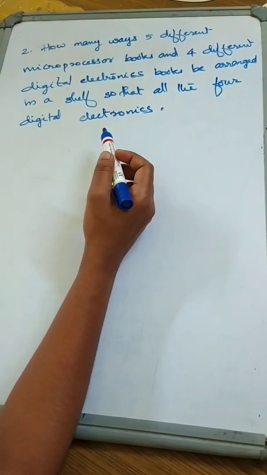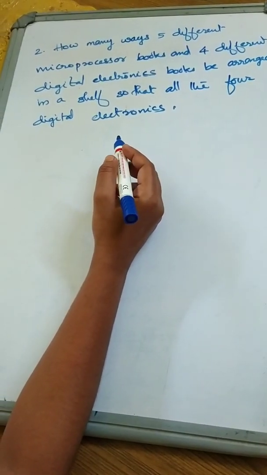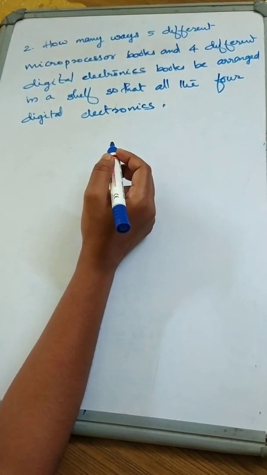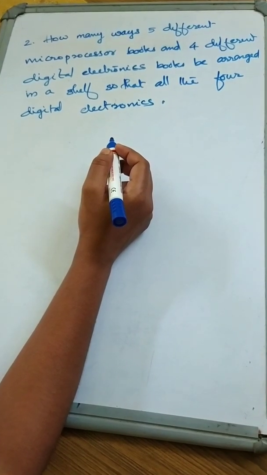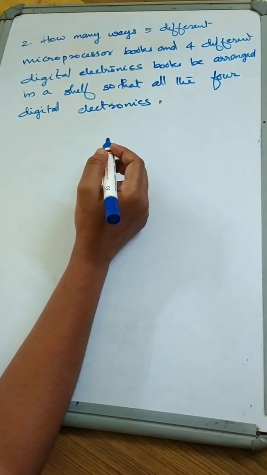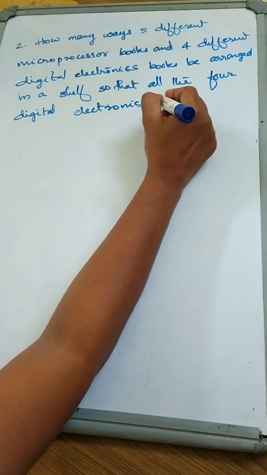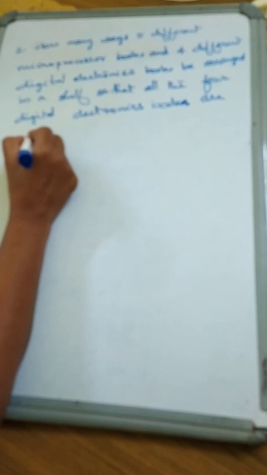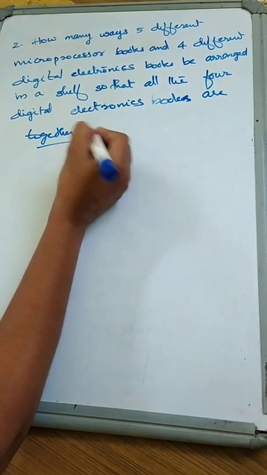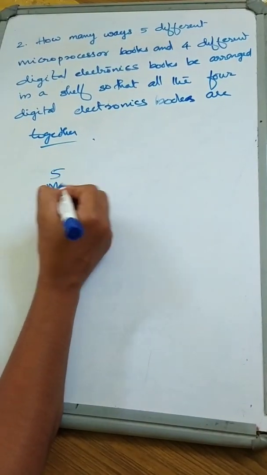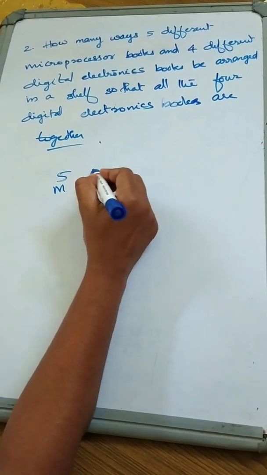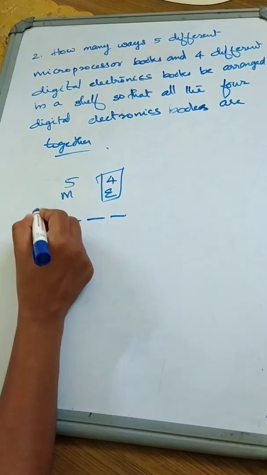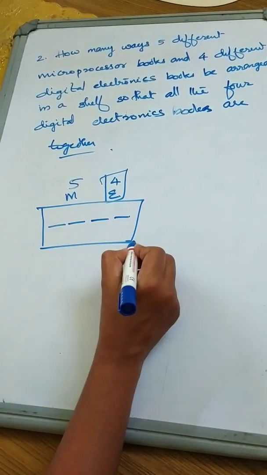How many ways can 5 different microprocessor books and 4 different digital electronics books be arranged on a shelf so that all the 4 digital electronics books are together? We have 5 microprocessor books and 4 electronics books, and these 4 electronics books must always be together, so we fix them as one unit.